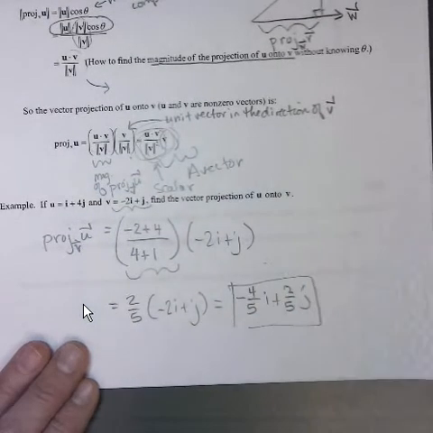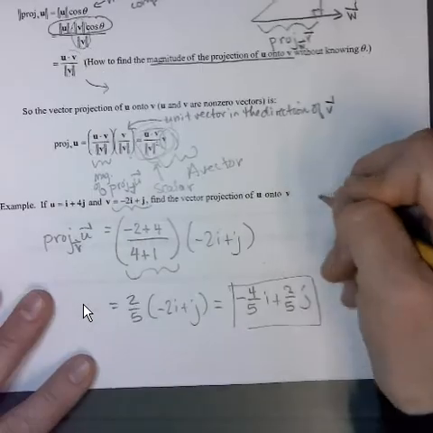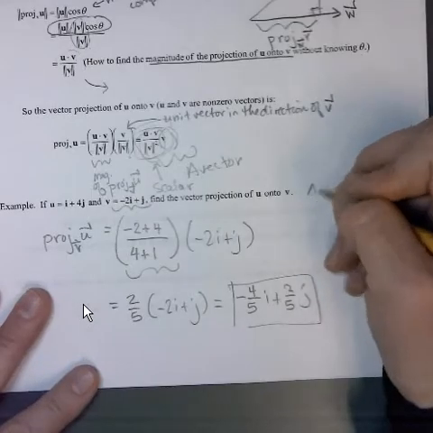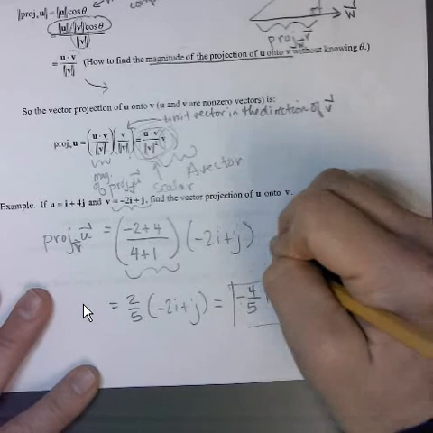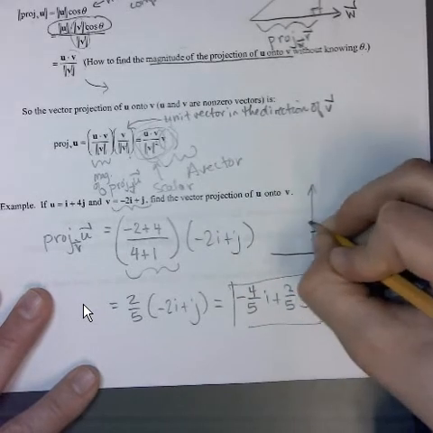So again, what does this mean? It's good to draw pictures and think about what's happening. Let me draw a diagram. We have 1, 2, 3, 4.